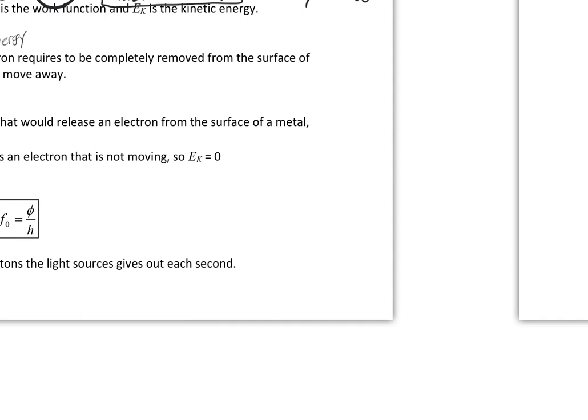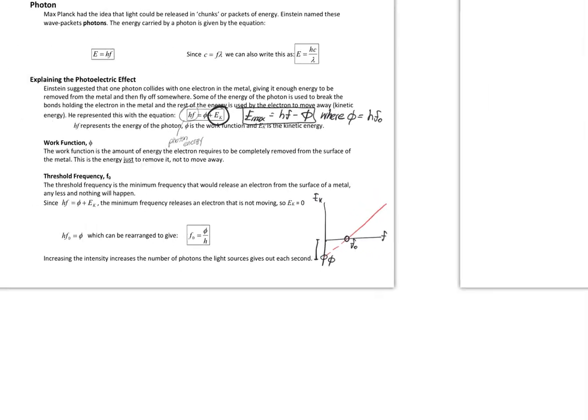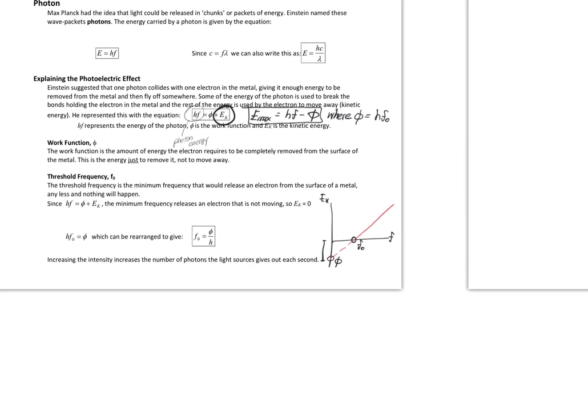If we extrapolate that line down to where the frequency is zero, that amount of energy, this quantity right there, is the work function that you need to overcome to have any kind of kinetic energy of the electron coming off of the emission plate. So the y-intercept of that graph is the work function, the x-intercept is the critical frequency, or threshold frequency, whatever you want to call it.